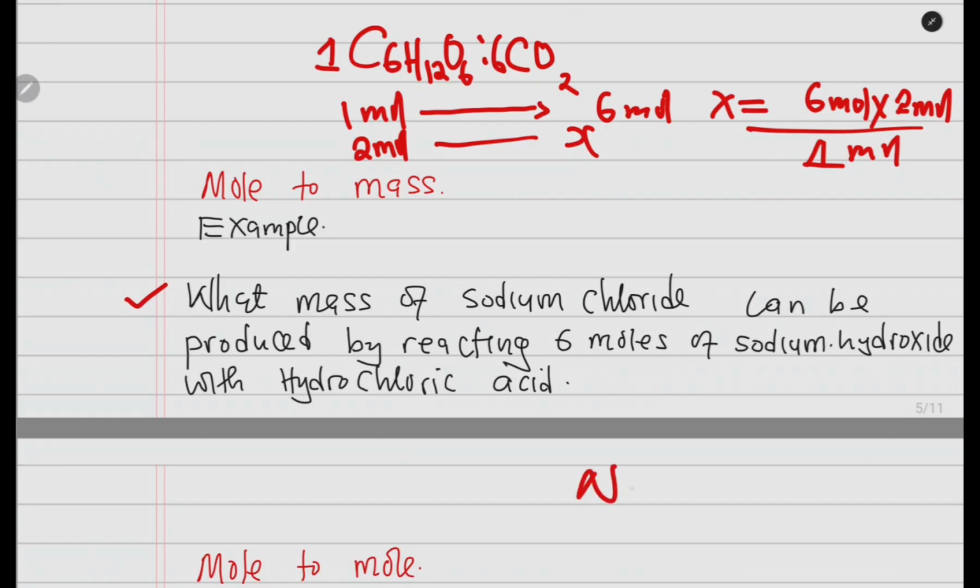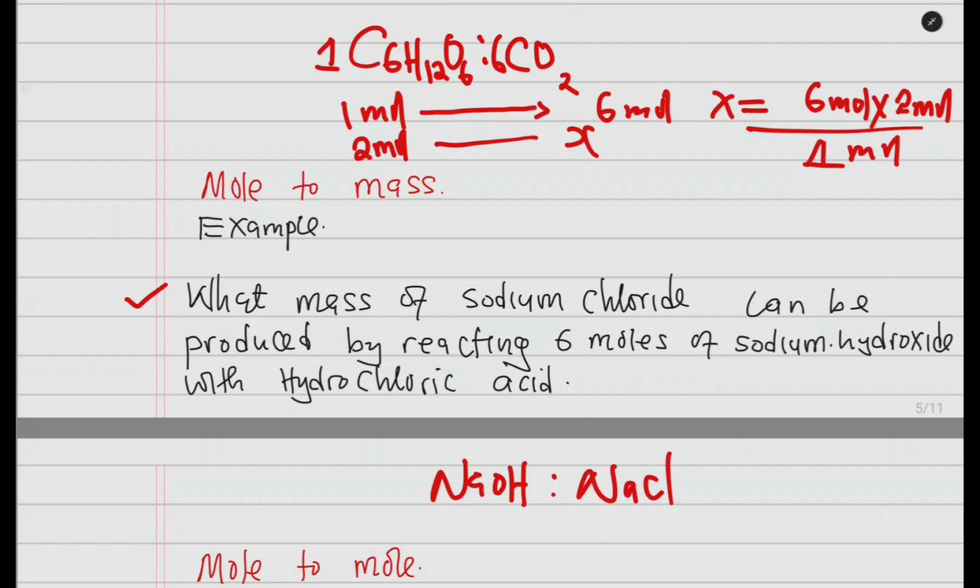Sodium chloride is written as this. Then what are we looking at here? What are we given? We are given sodium hydroxide. Okay? Sodium hydroxide. So in this case, we have sodium hydroxide to sodium chloride.